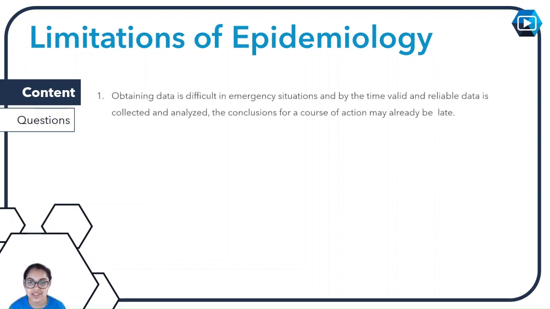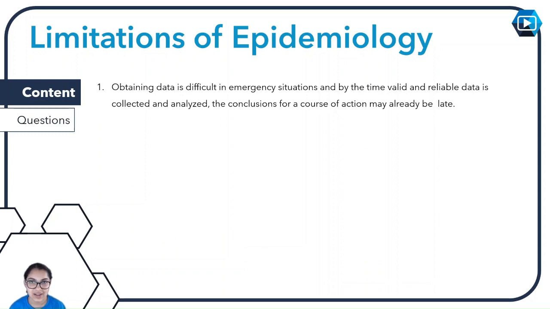So firstly, obtaining data, like I alluded to earlier when we were looking at those graphs, is difficult, especially in emergency situations. A really recent example is COVID-19. During the pandemic, it was hard to obtain current data.